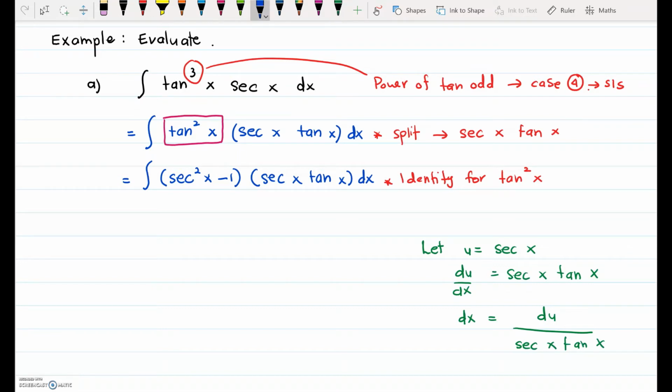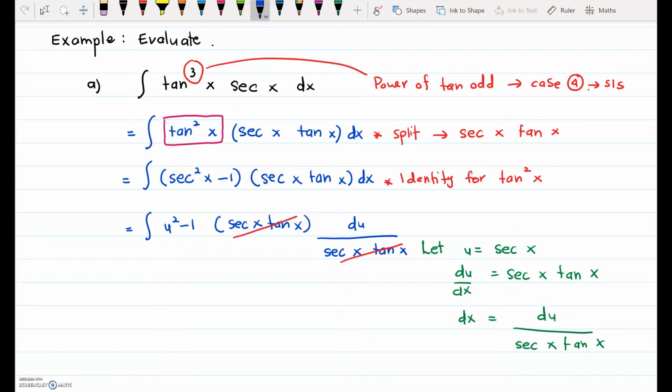In your solution here, we will have the integration of u square minus 1 times secant x tangent x, and your dx will be du divided by secant x tangent x. Then we can cancel off the secant x tangent x.